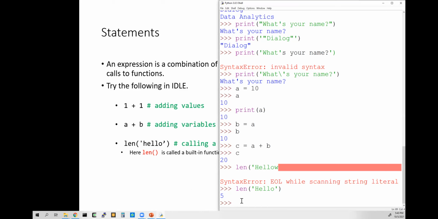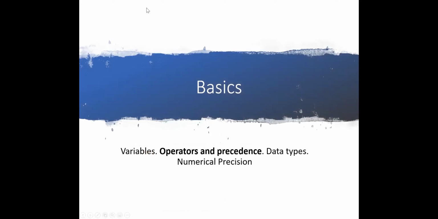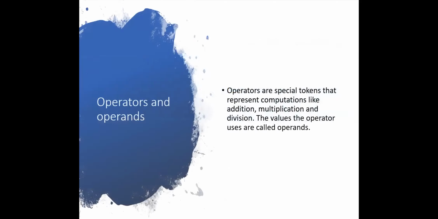Let's move to operators and then procedures. The next thing we need to talk about in Python is the use of different operators and operands. For example, if you take 2 plus 3, the 2 is the operand, and the operator is plus.